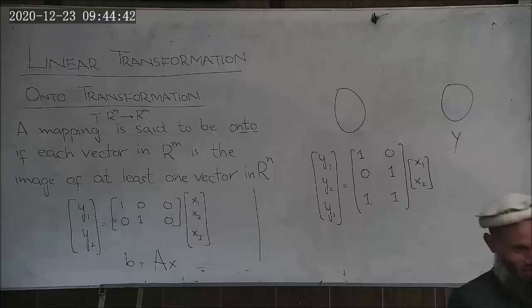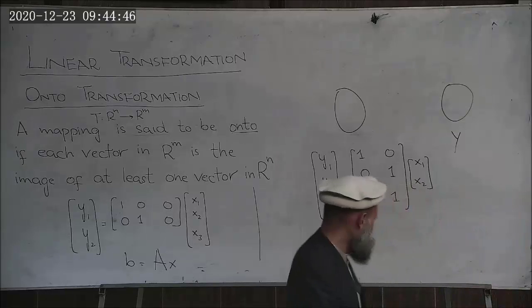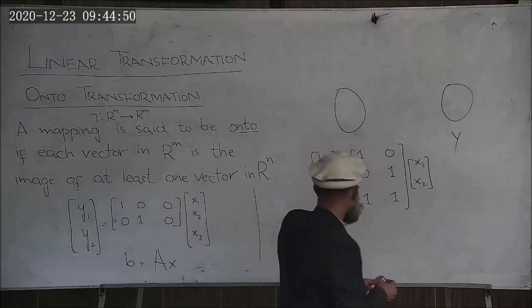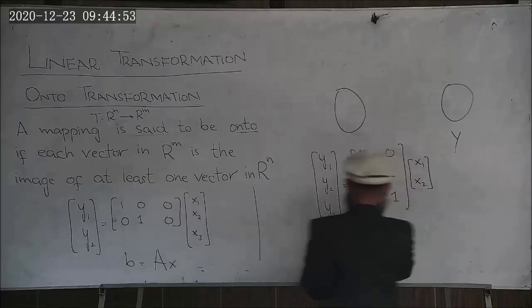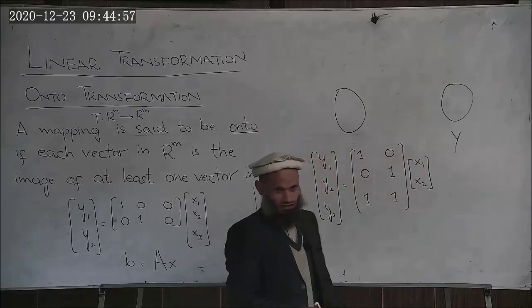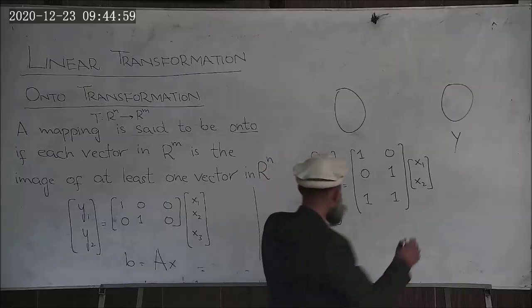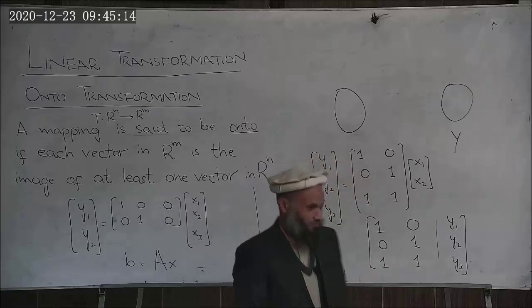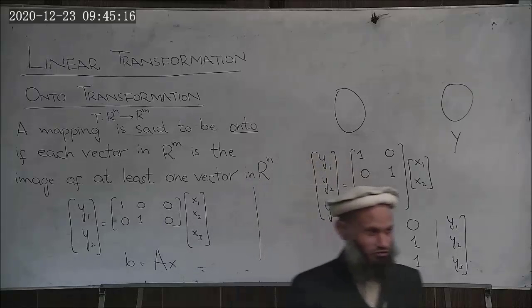Uniqueness is not required, but your answer is correct that this is not an onto transformation. Why? Because to find the solution to this system of equations, we construct the augmented matrix. So this is the augmented matrix. Can we always find a solution to this system of equations?